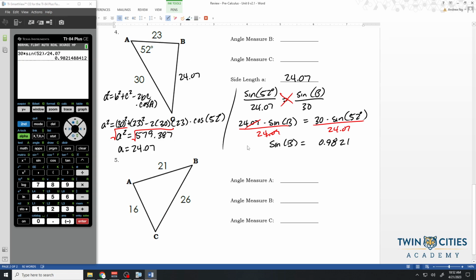And then what we'll do here is take the sine inverse of both sides. Finally, B is equal to sine inverse of that, 79.157. We'll call that 79.16 degrees.